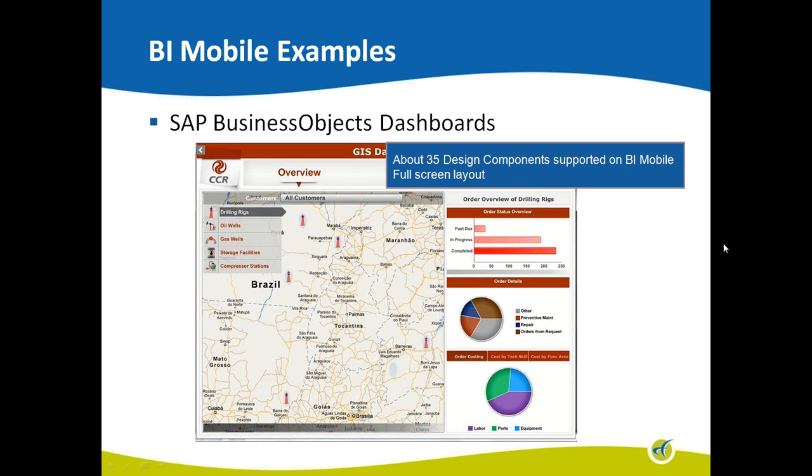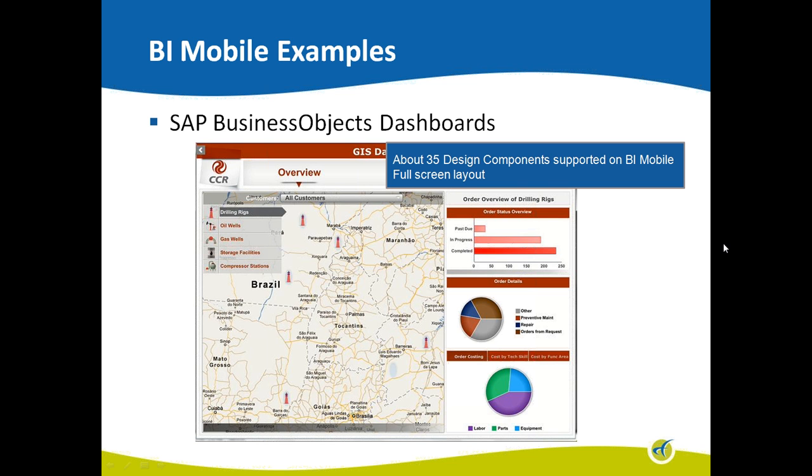As an example here, this is an SAP BusinessObjects dashboard built within the Xcelsius dashboarding tool. This specific dashboard is designed and being rendered on an iOS device; an iPad is where I captured this screenshot.